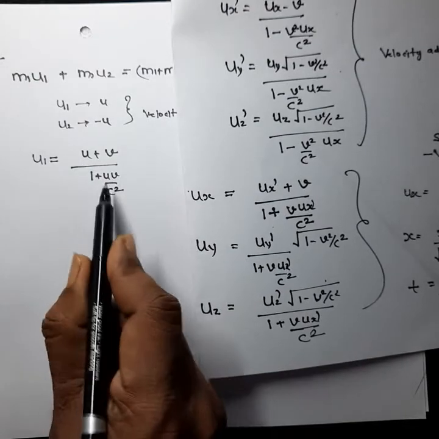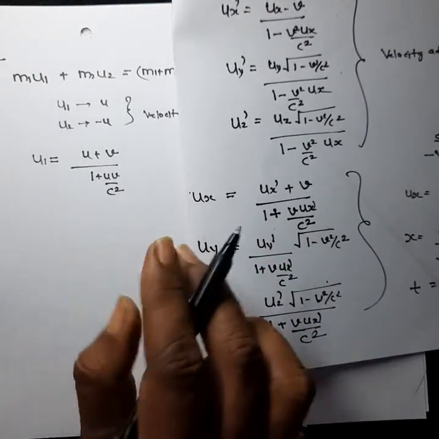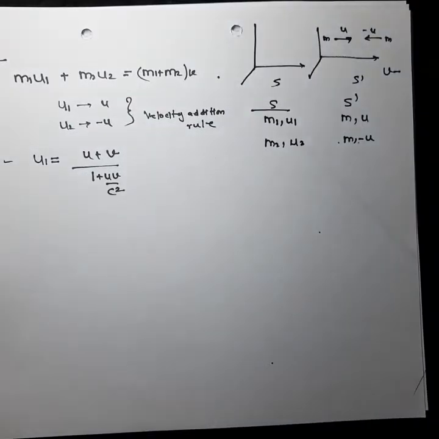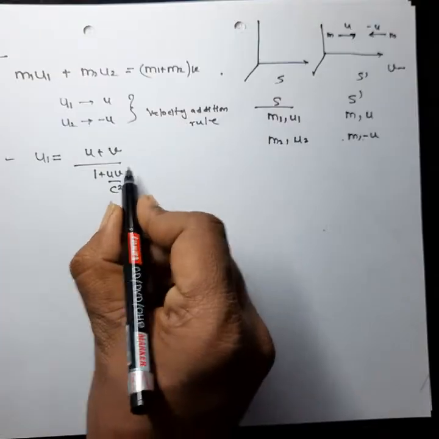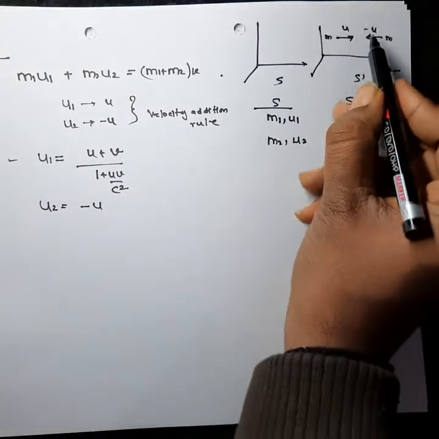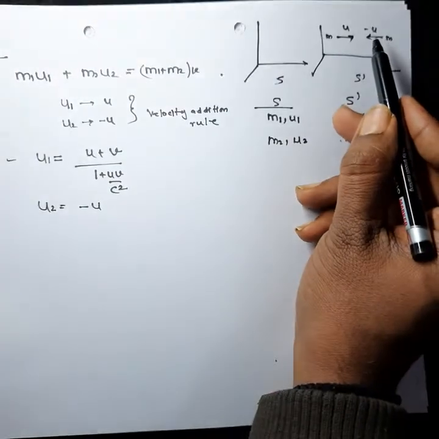No problem, so this is correct. Similarly, you can write u2 is equal to minus u, because the second component is moving with minus u velocity.